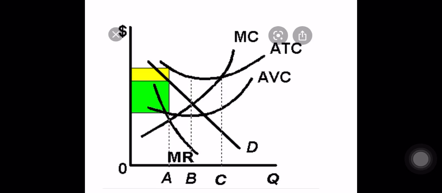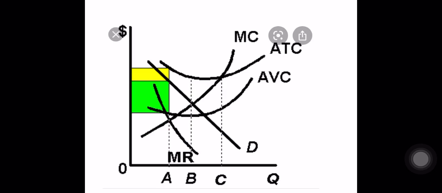Alright? Now, take note of this graph. AVC is shown here curving below the demand curve. Alright? When AVC is below the demand curve, even if ATC is way above the demand curve, you can still produce. You can still opt not to shut down.